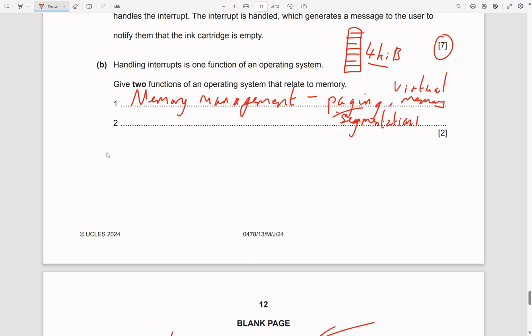When you want to load in a page, of course you load in 4 kibibytes. When you want to move out a page, of course you move out 4 kibibytes. Segmentation is similar, although the segments wouldn't be fixed size. Although actually paging is mostly what's used because it's going to be more efficient, and there are various other advantages.